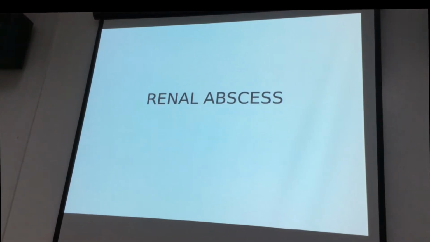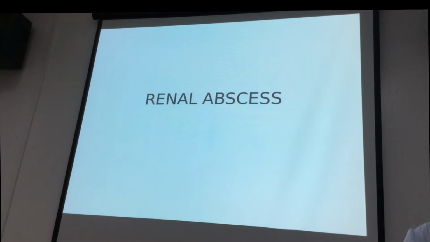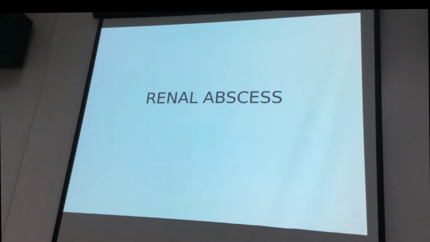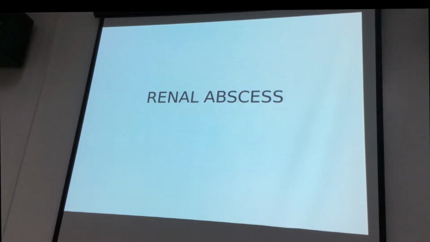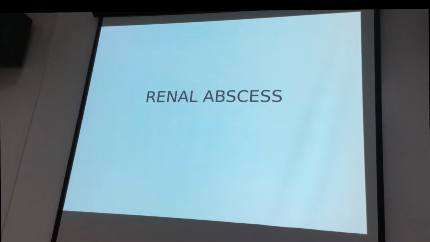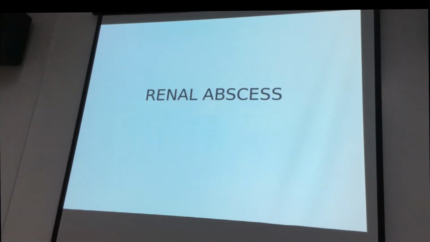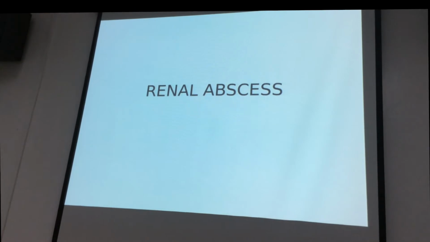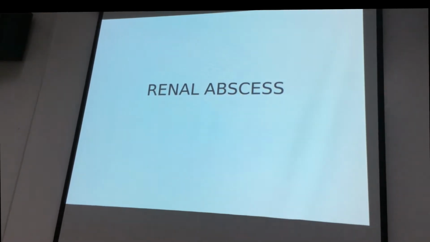So one of the most common medical conditions seen in the kidney is a condition secondary to urinary tract infection. This is a complication of an untreated or a complicated urinary tract infection. So, renal abscess.